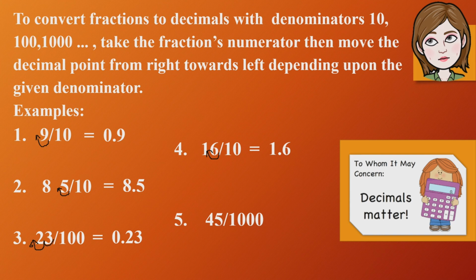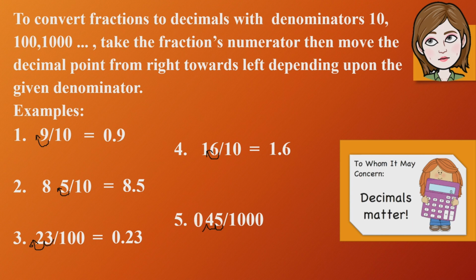And then for number 5, we have 45 over 1000. Since the denominator is 1000, move 3 steps to the left from here. So we have 1, 2. So we have to insert 0.